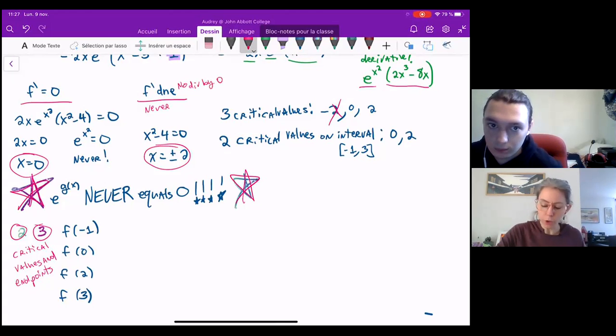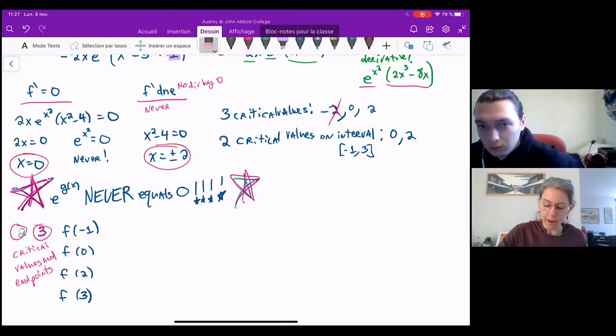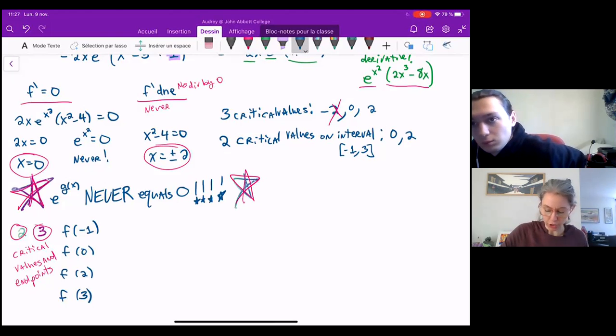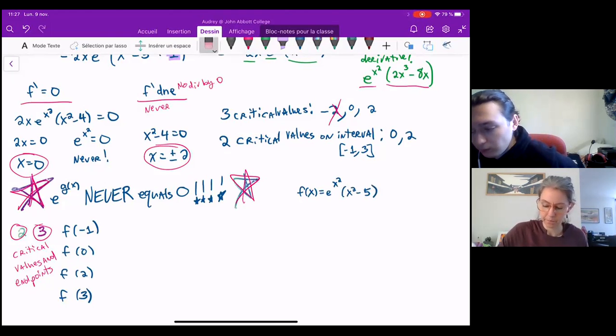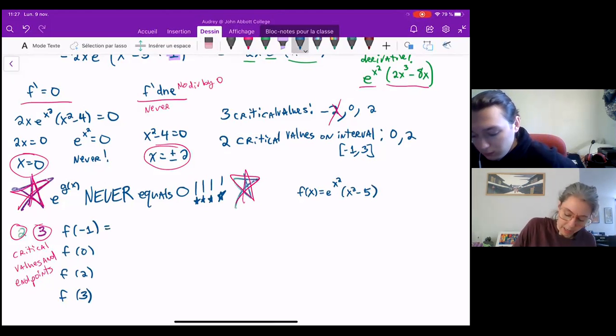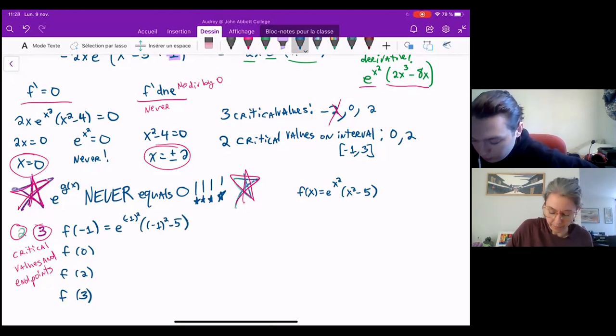Okay, so now I'm going to plug these into my original function, which we'll remind ourselves is f of x is equal to e to the x squared times x squared minus 5. So here I'm getting e to the negative 1 squared times negative 1 squared minus 5, and this gives me negative 4e.